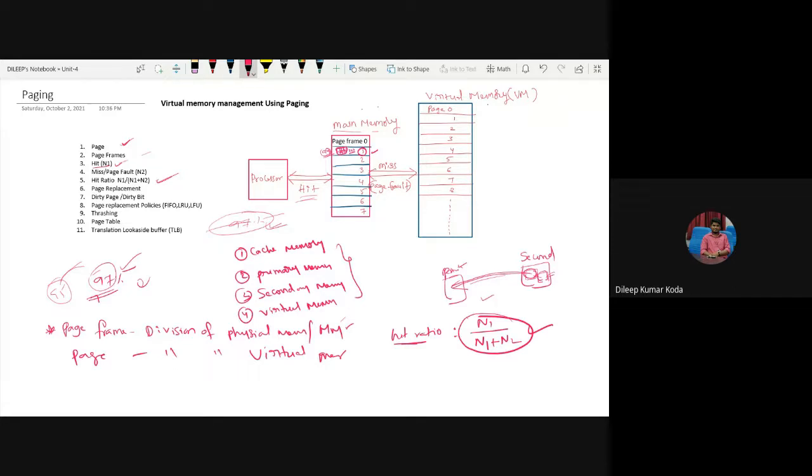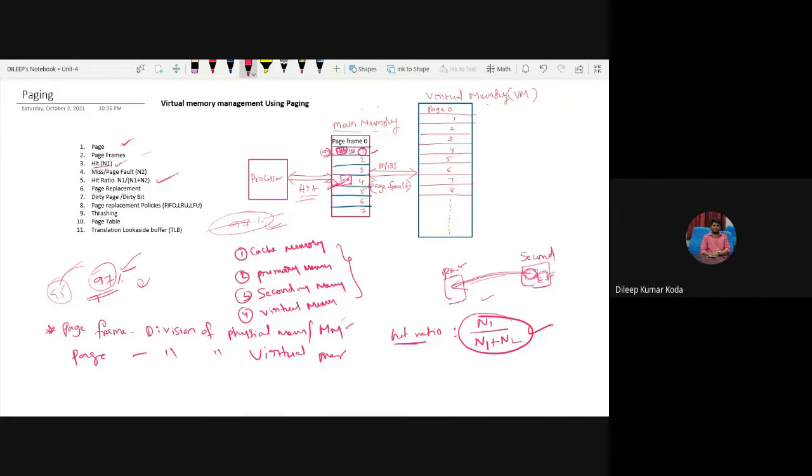Take another example. In page frame number 4, there are 50 files, out of which one file is missed, so 49 files are available. The processor wants to get these 50 files, but one file is missed.